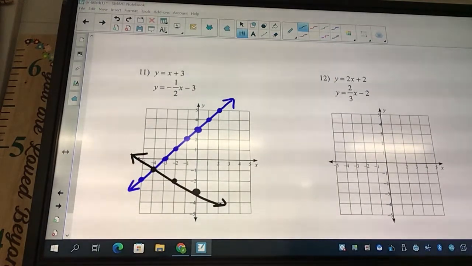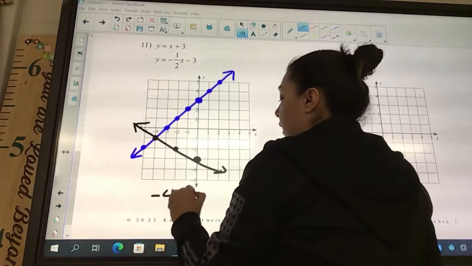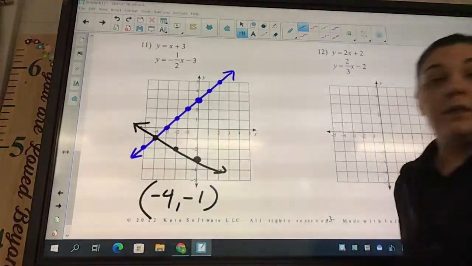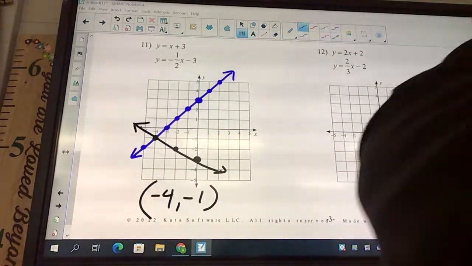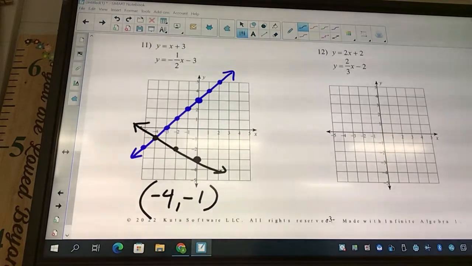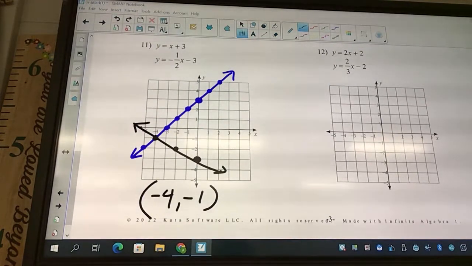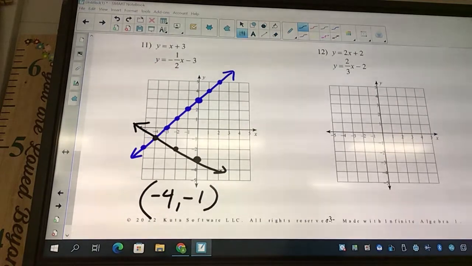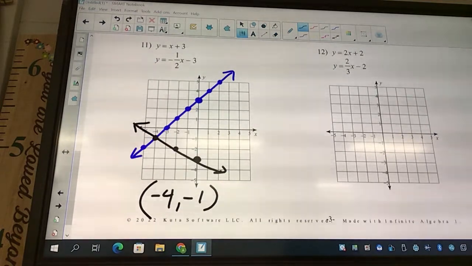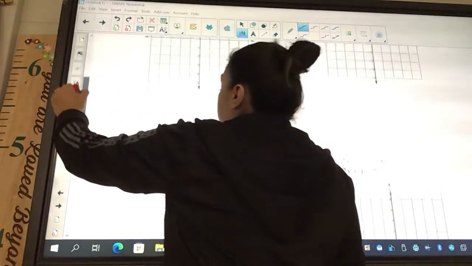Okay, and my intersection point's gonna be at -4, -1. Okay, and we crossed off 13.